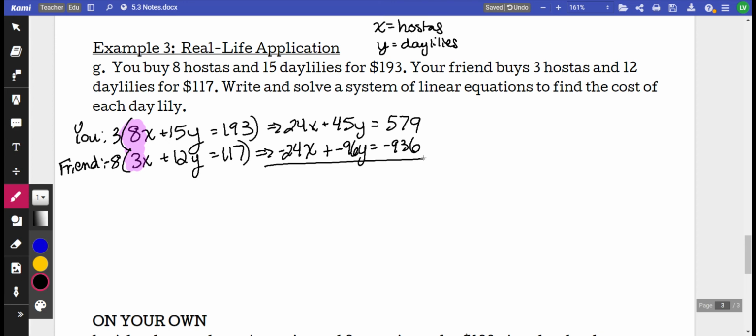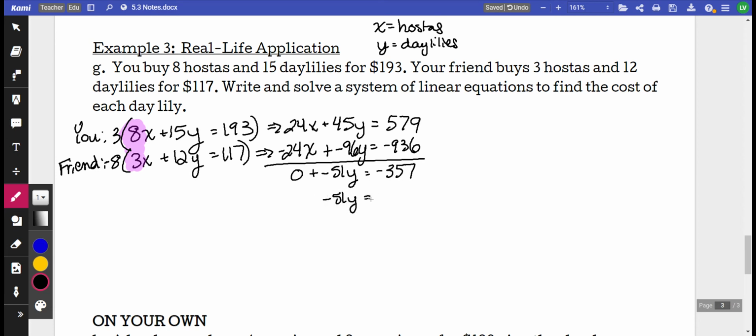All right, so I'm going to add these. 24x plus negative 24x is 0, plus 45y minus 96y is negative 51y, and 579 minus 936 is negative 357.